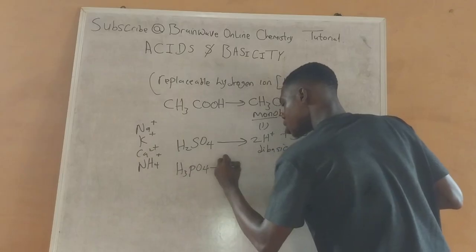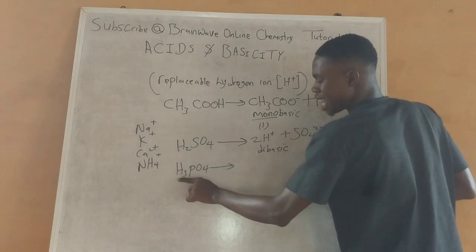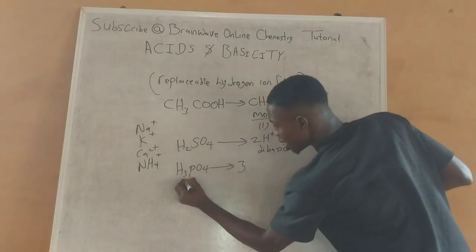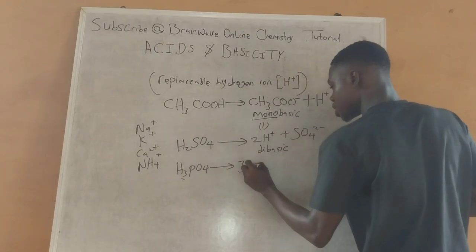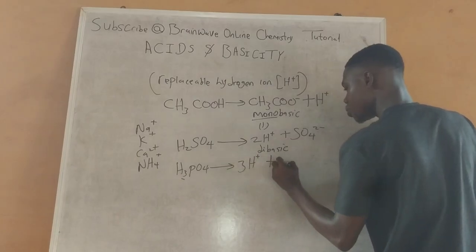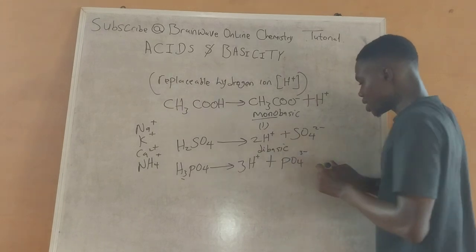Now let's take another example, which is H3PO4. This acid has 3 hydrogen ions. If you break it down, we have 3 H+ and PO4 3-. Are you seeing it now?